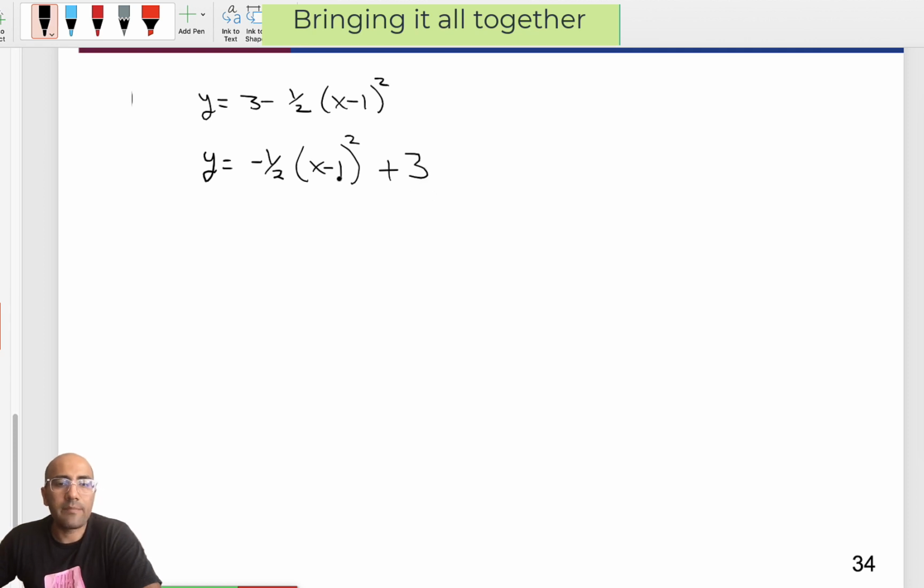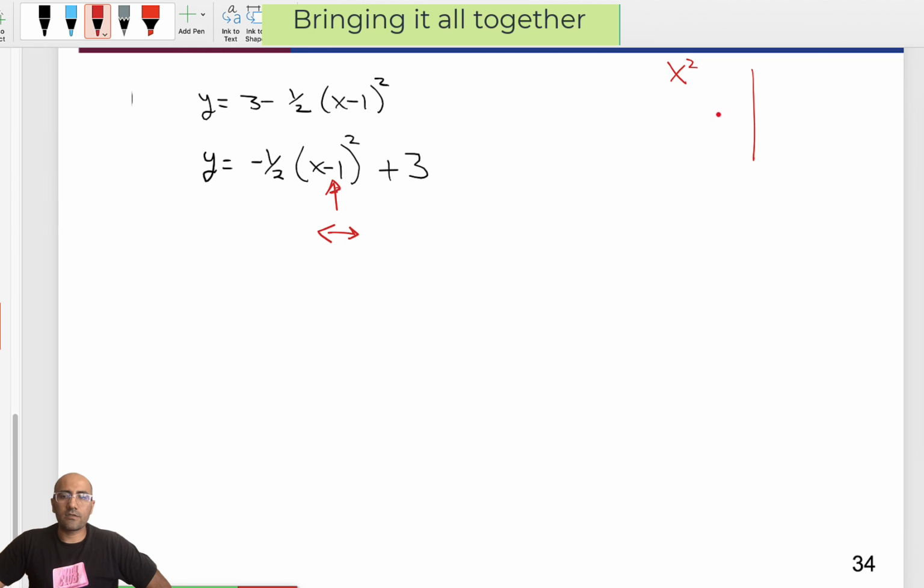And let's think about what happens with each one of these. So the minus 1 is going to be a shift in the horizontal direction. So it's going to move it left and right, the plus or minus. And in this case, minus 1, the new 0, comparing it to x squared, is this parabola right here.